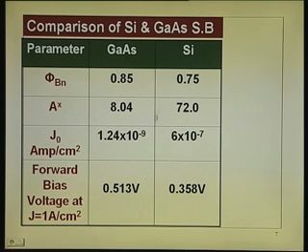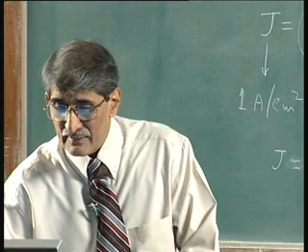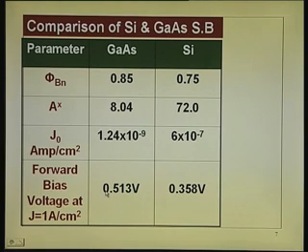So, all these make the leakage current in silicon large compared to the J naught of the gallium arsenide Schottky barrier. Now, we found it is 0.513, but there is no sanctity about 513 etc. You can say about 0.5, 0.54, that range, depending upon the barrier height, that will vary. So, about 0.5 here, and about 0.35 volts for silicon.